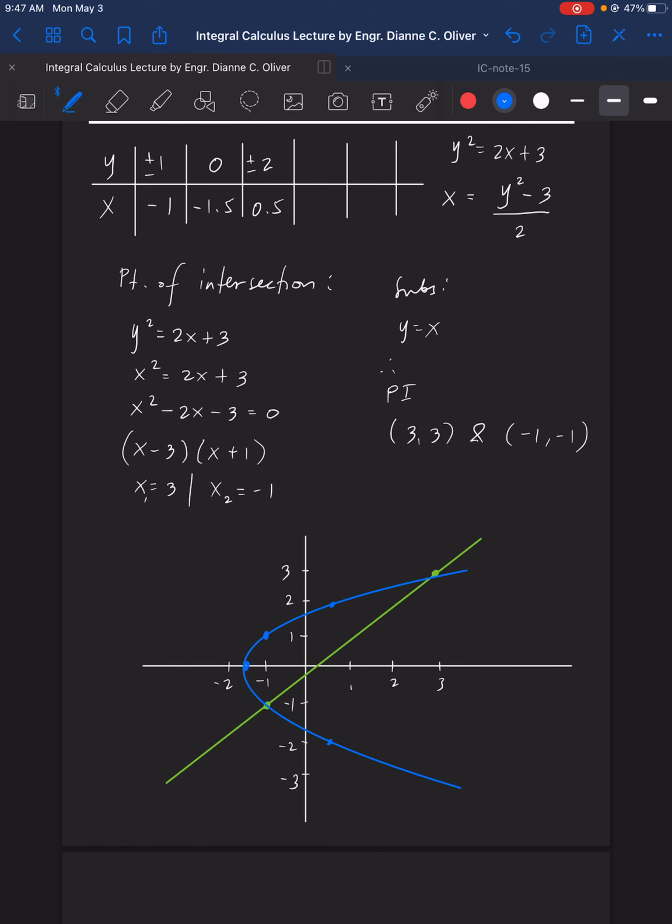We have here the boundary of the curve. So this is curve x is equal to y squared minus 3 over 2. Then this one here is the line, y is equal to x, or x is equal to y. The coordinates of the points of intersection are 3, 3 and negative 1, negative 1.